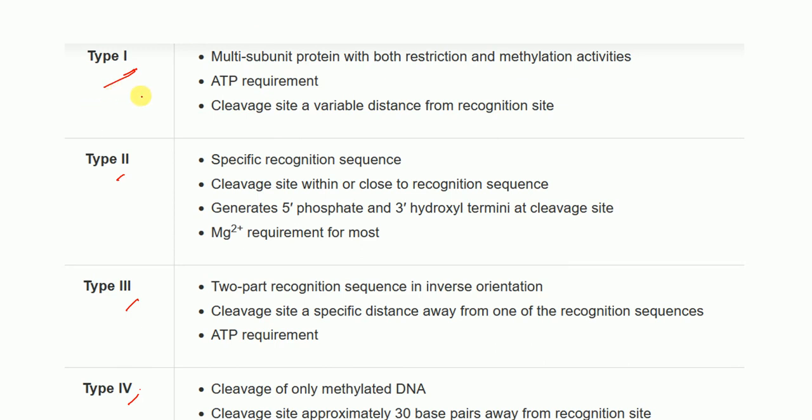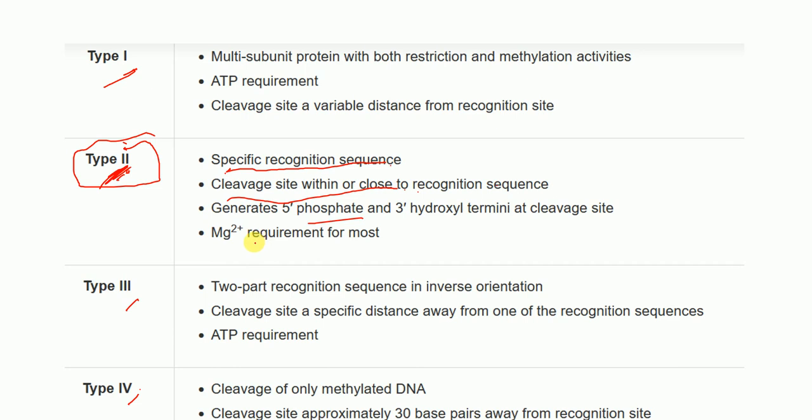There are some differences, but the most commonly used restriction enzymes are type 2. The main feature of type 2 restriction endonucleases is that they specifically recognize a sequence. The cleavage site is within or close to the recognition sequence. They generate 5' phosphate and 3' hydroxyl termini at the cleavage site.